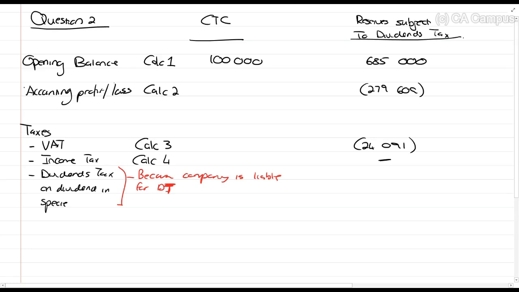However, this is a distribution to a company. And as it's a distribution to a South African company, there's no dividends tax on it. So it won't affect us there. But I just wanted you to be aware of it. I mostly included it here just as a reminder of where that would all fit in.